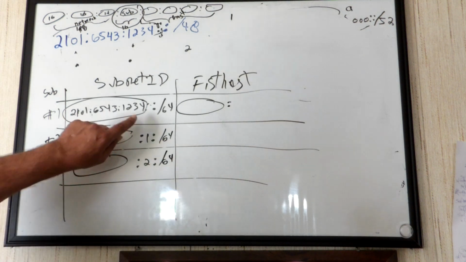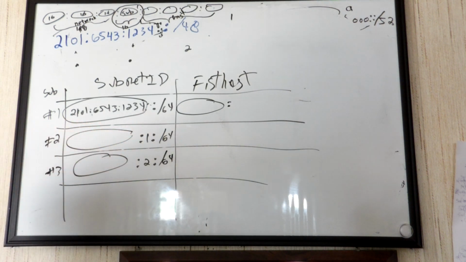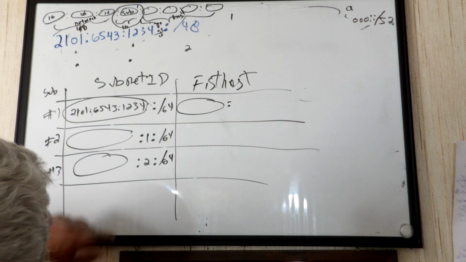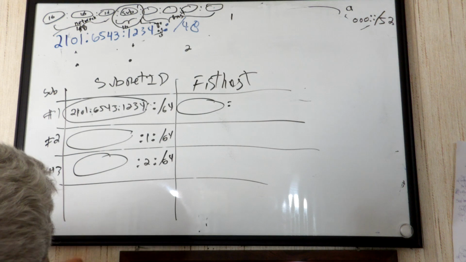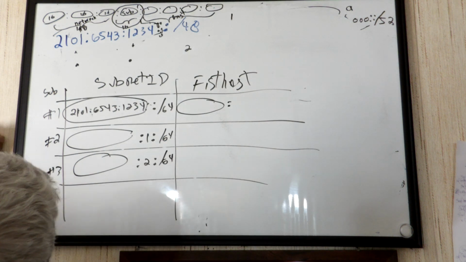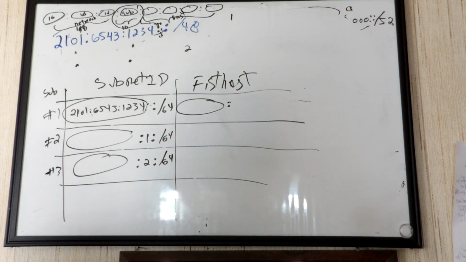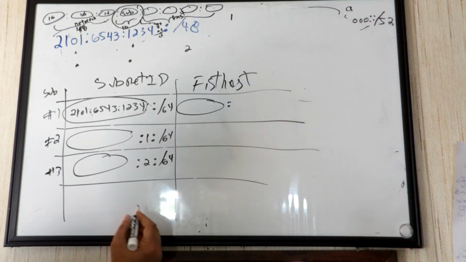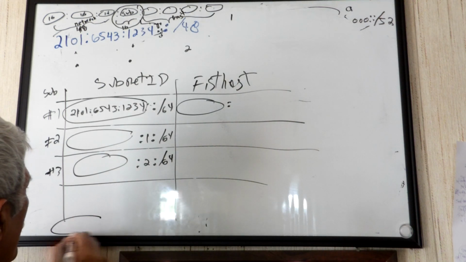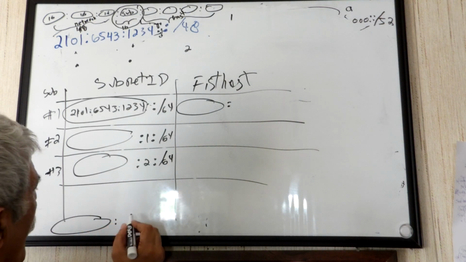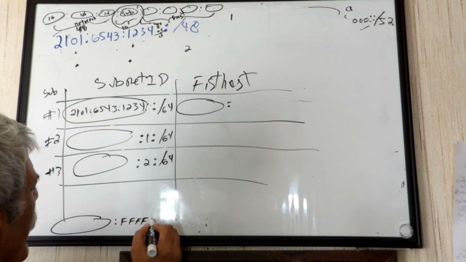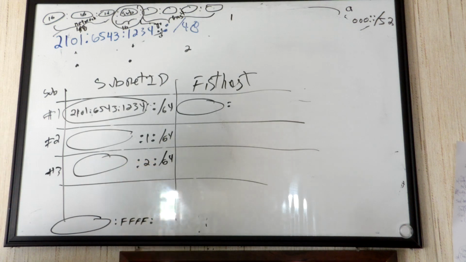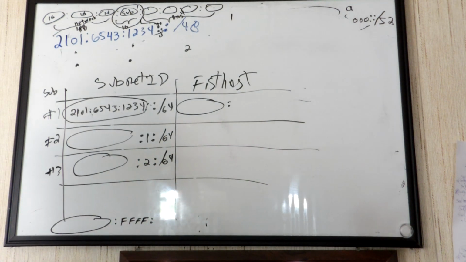See, this is the subnet, and it starts from 0, 1, 2, 3, 4, 5, up to 84. So actually, it's going to be this one here, F, F, F, F. Okay, the number of the subnet.